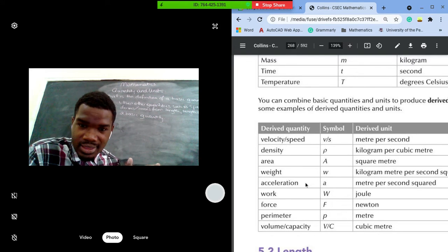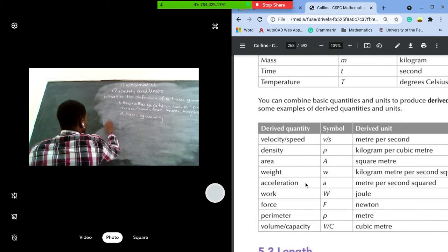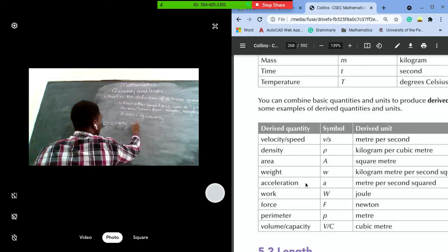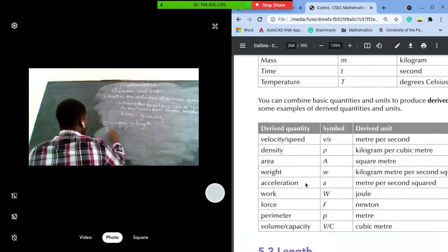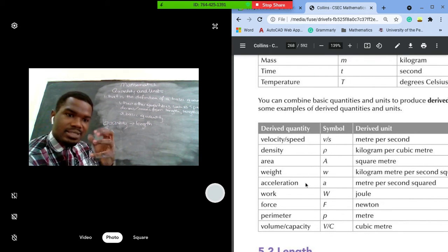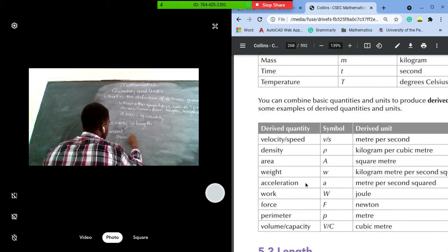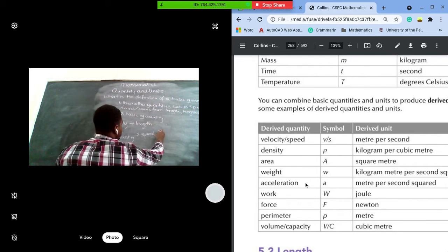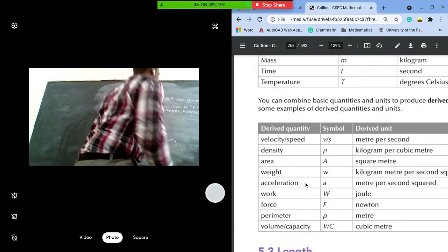So the quantity was length, and the derived quantity, so something you get from length, is speed, or as we call it, velocity. And let's prove why they are derived.